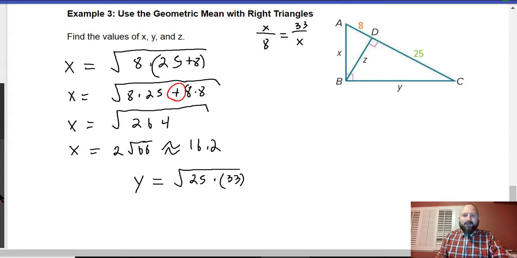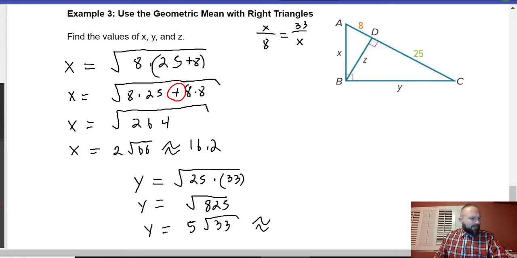When we multiply that, we get the radical of 825, or 5 radical 33, which is equal to around 28.7.